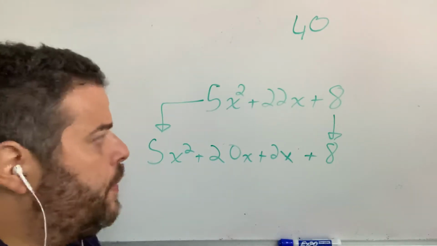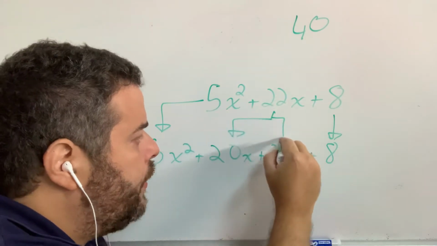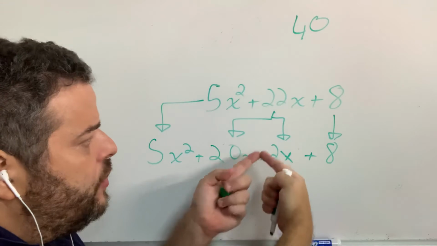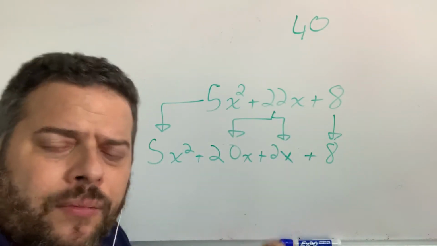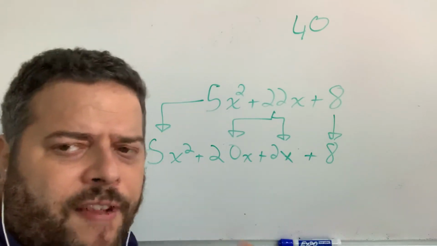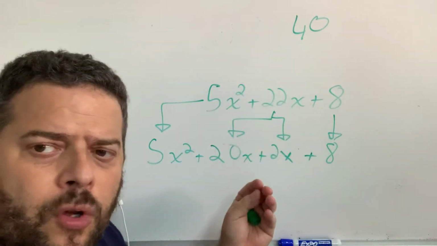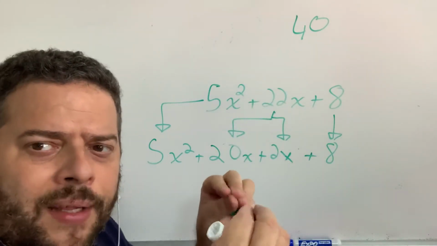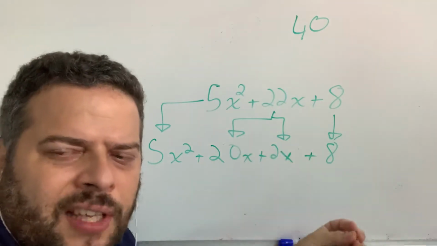It's called decomposition because you're breaking the 22 into two parts, a 20 and a 2. If I were to add these two, I would end up with 22. But you're breaking it down because this is going to allow you to factor it. There's no other way to factor the original polynomial. So you're not adding anything, you're not subtracting anything, you're just breaking the middle term into two numbers so you can then continue factoring.